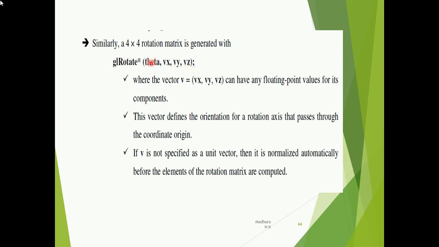Theta represents the rotation angle, and vx, vy, vz represent the rotation axis. So you may be doing the rotation along the x-axis, the y-axis, or with respect to the z-axis. So these will be the possibilities for rotation.